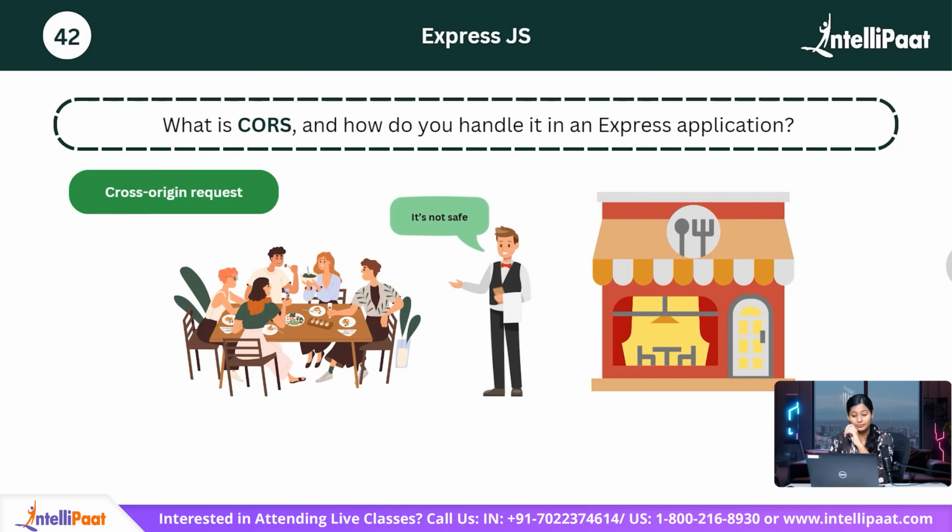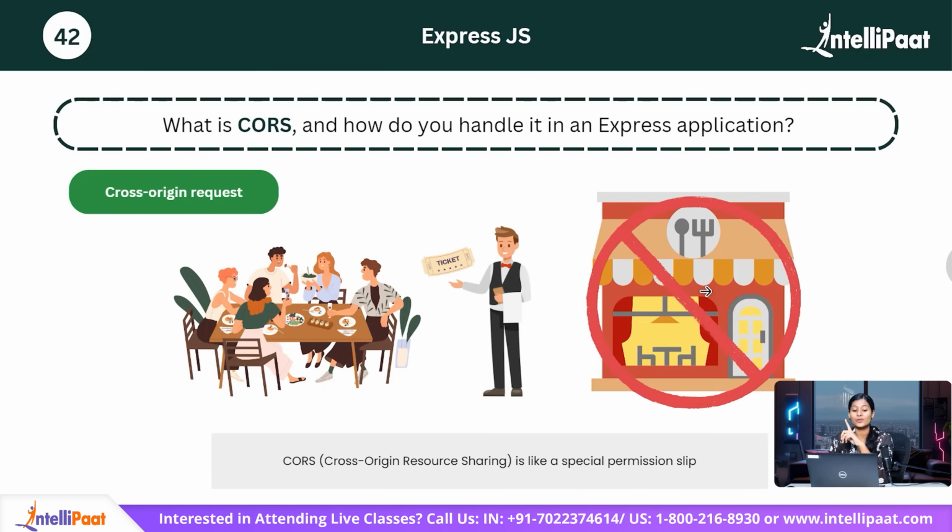Now, naturally, the waiter will not allow you to do that because they don't know if the food you're ordering from another restaurant is safe or not. That is where cross-origin resource sharing comes in. It's like a special permission slip which you can give to the waiter, because by default websites won't allow you to bring resources from another website since they don't know if it's safe.